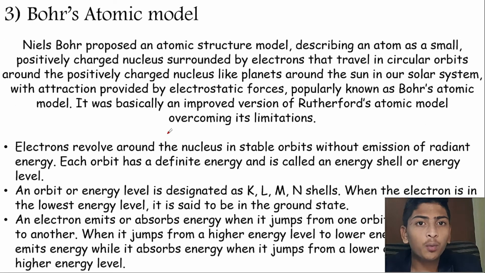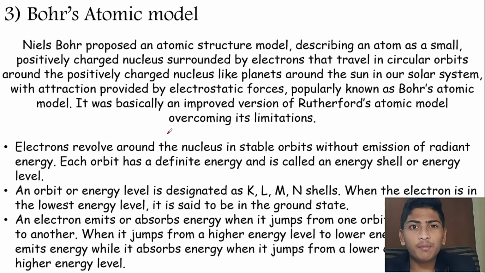Next, Bohr's atomic model. Niels Bohr proposed an atomic structure model describing an atom as a small positively charged nucleus surrounded by electrons that travel in circular orbits around the nucleus like planets around the sun, with attraction provided by electrostatic forces, popularly known as Bohr's atomic model.